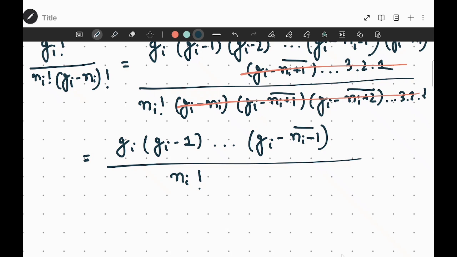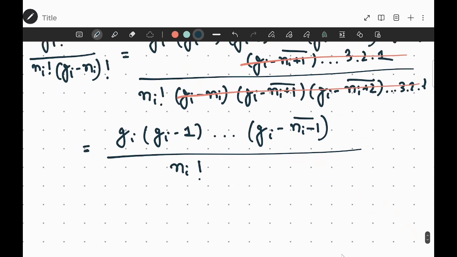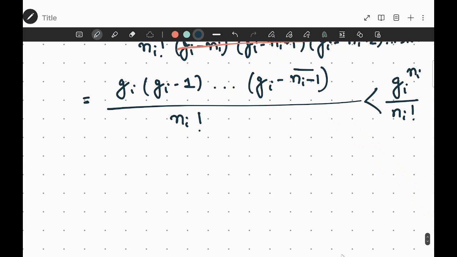From here, you can write, just check it, because each term is less than or equal to gi, every term becomes less than gi, so it is obviously less than this. So you can write that this part is less than gi to the power ni by ni factorial.